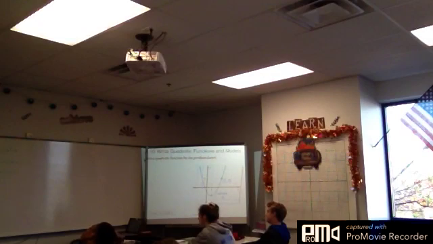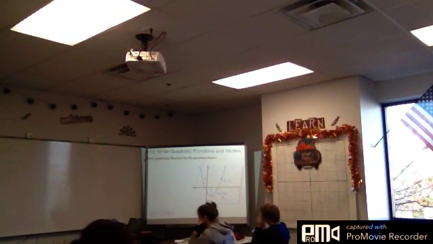So 2 equals 4a minus 2. Add 2 to each side, you get 4 equals 4a, and a equals 1. So my equation is y equals, if a is 1 I don't have to write it, (x minus 1) squared minus 2. There's the equation of that parabola.